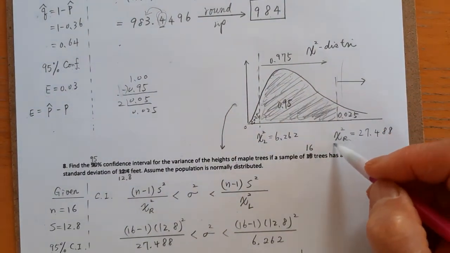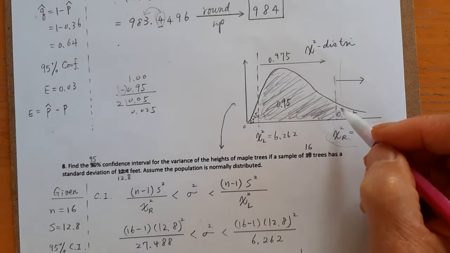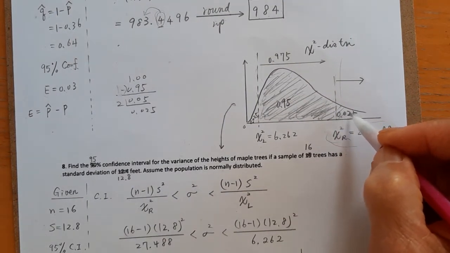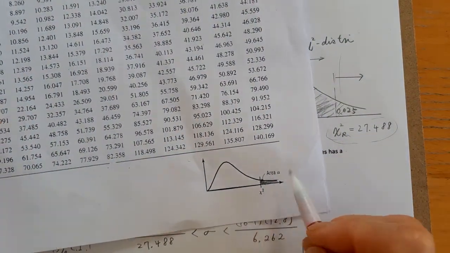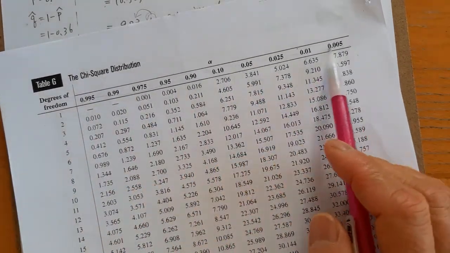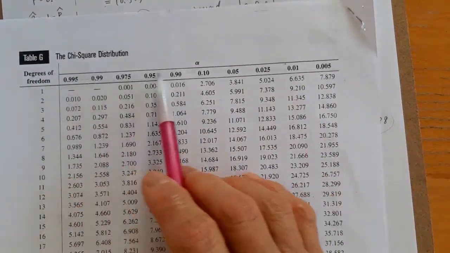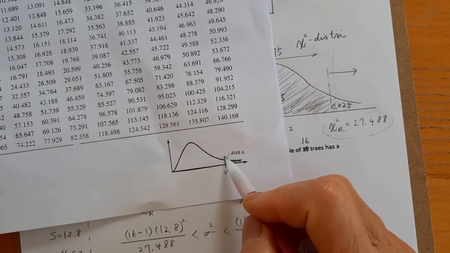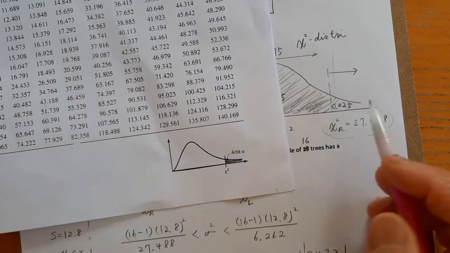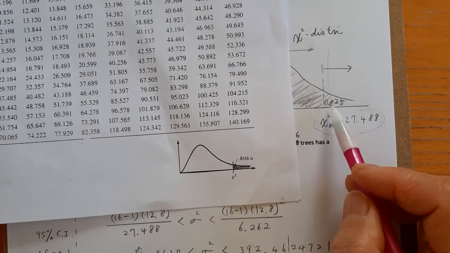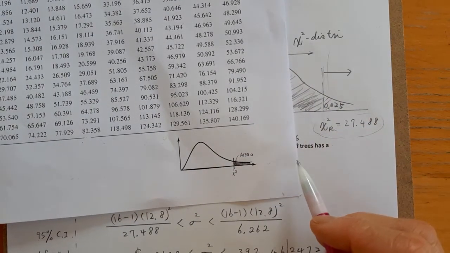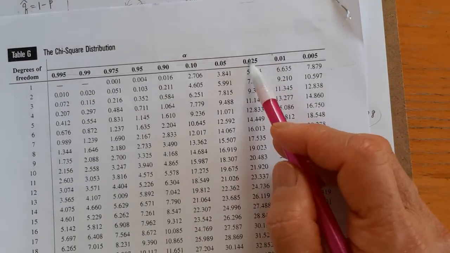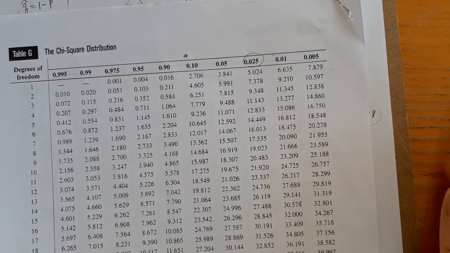Now, in order to get this data, you use this number 0.025, because the numbers on the top of this chi-square table are the area to the right of chi-square. So on the top, 0.025 is here.